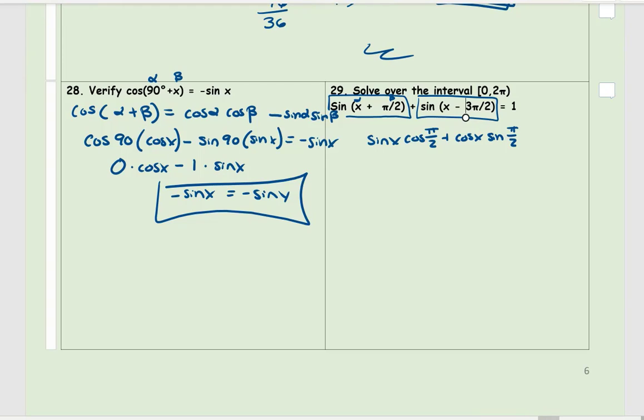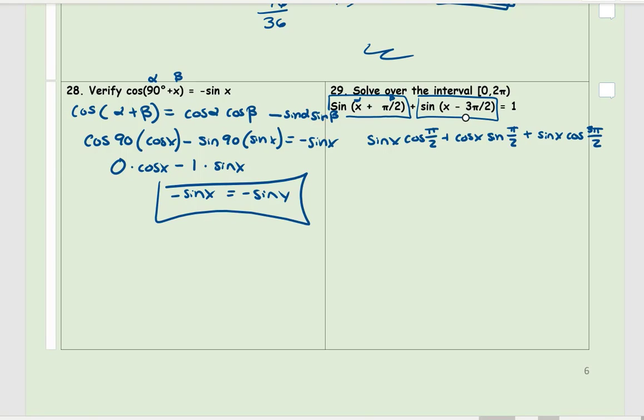Then we're going to expand this guy as well. And we're not going to fit it all on the same line here. So we have sine of x minus 3 pi over 2. That will give us sine of x times cosine of 3 pi over 2.